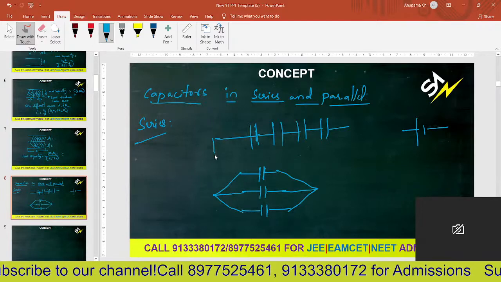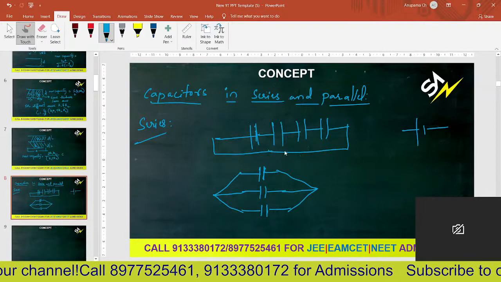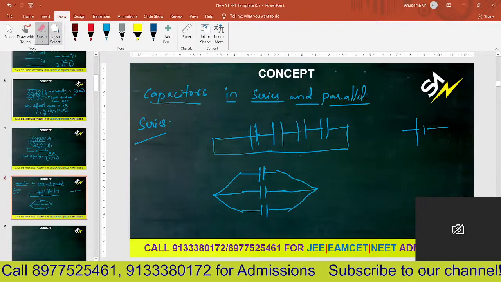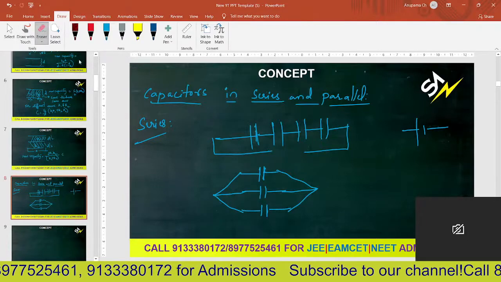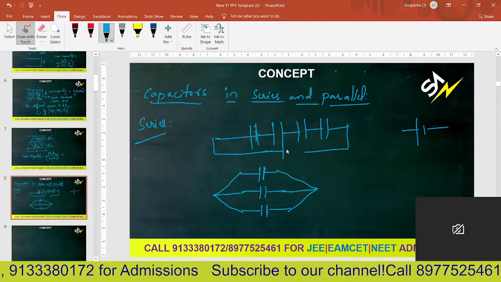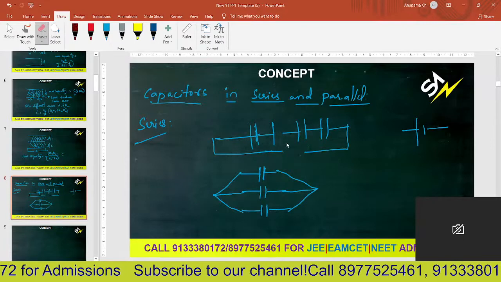I am trying to draw capacitors only. I hope you are understanding this. Otherwise, we'll do one thing: we'll change the color.